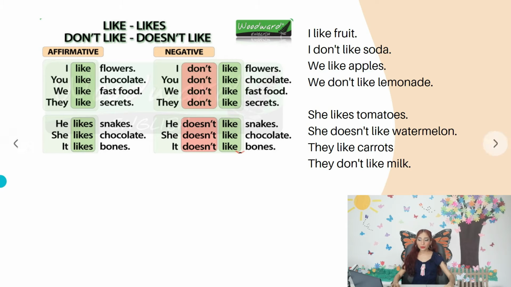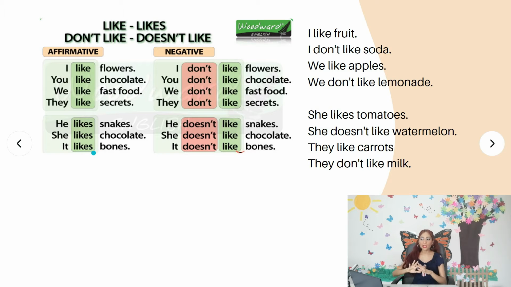what happens when we are using the subject he, she, or it? Likes, okay? He likes snakes. She likes chocolate. It likes bones, okay? So in this case, the only difference is when you use subject he, she, or it, you need to add an S at the end of the verb like.